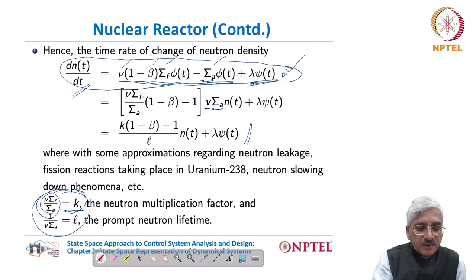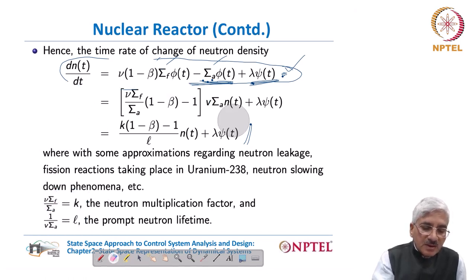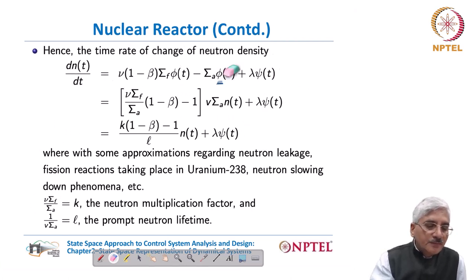So we have divided these two terms by sigma A, and we have introduced L equal to 1 by V sigma A, and K equal to nu sigma F by sigma A. So we introduce these definitions, and we simplify these things.